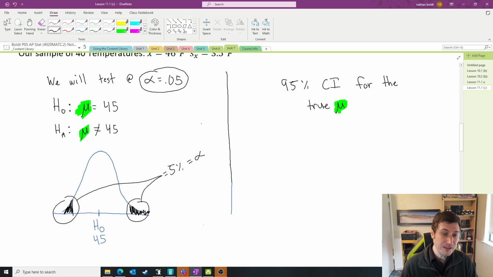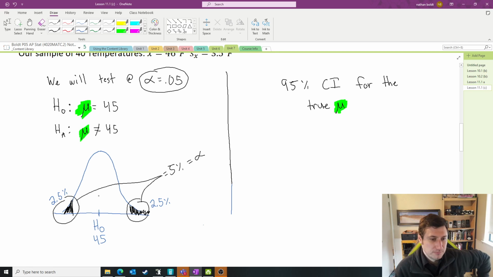If they total 5%, that means this one is 2.5%, and this one over here is also 2.5%, which means how much is in the middle? 95%. So I'm hoping that right there helps you see the connection between this and that.